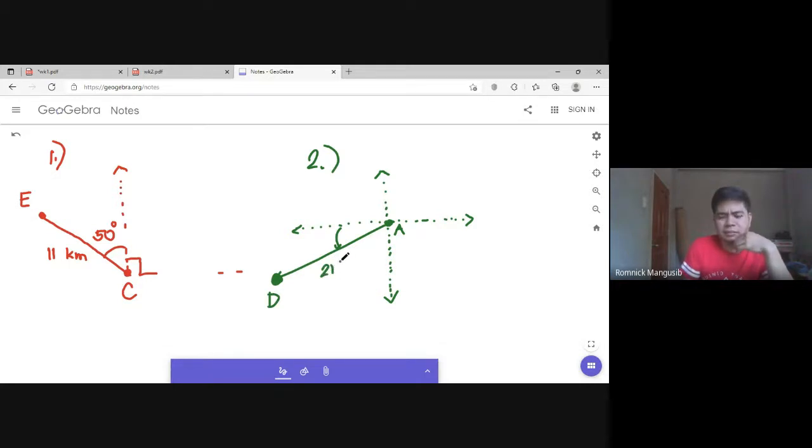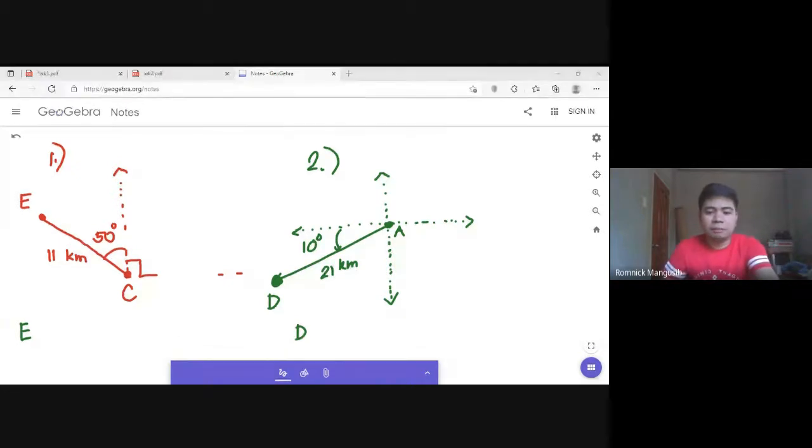And let's say, for example, we have 21 kilometers and the angle formed from the negative x-axis to that line segment AD, let's say, for example, is 10 degrees. So identify the coordinates of point E on the first and identify the coordinates of point D on the second illustration. So I'm giving you 2 minutes to give the answer.